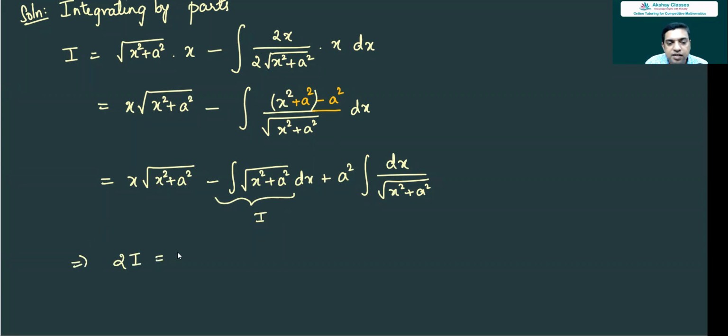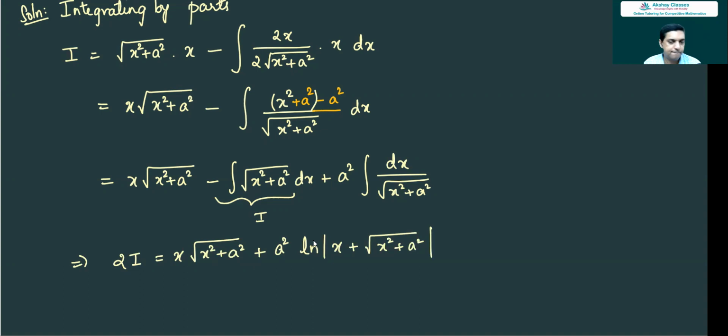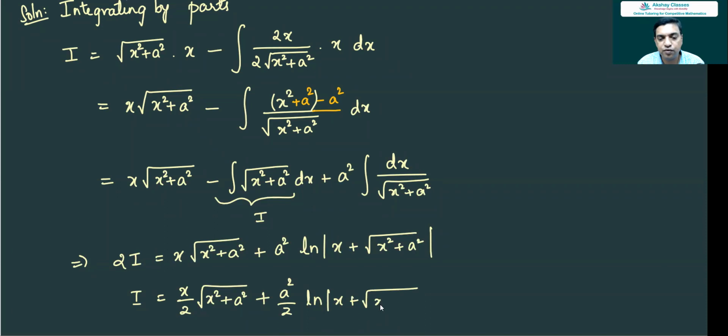So 2I is equal to x under root of x square plus a square plus a square times, this is log mod x plus root of x square plus a square. All right. So therefore I will be x upon 2 under root of x square plus a square plus a square upon 2 log mod x plus root of x square plus a square plus c. That is what was the result.